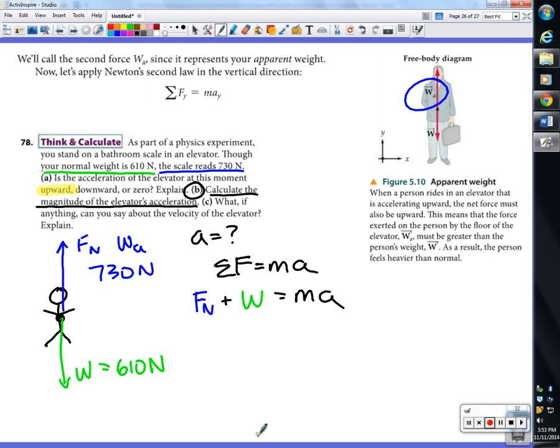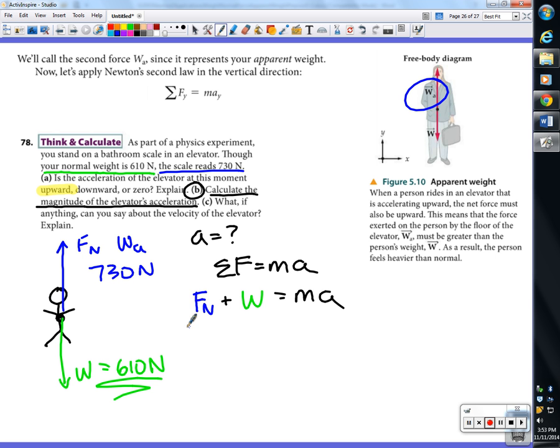We know F_N, we know w, but over here on the right-hand side, they didn't really tell us anything about the mass of that object. But remember, if we know that w, the weight, is equal to 610, we can find the mass. All we need to do is take 610 and divide it by 9.81. Because w is equal to m times g, so m is equal to w divided by g. Hopefully you did that real quick in your head.